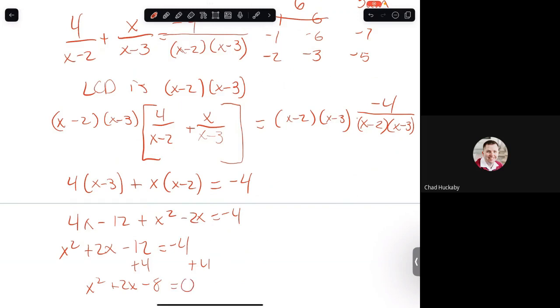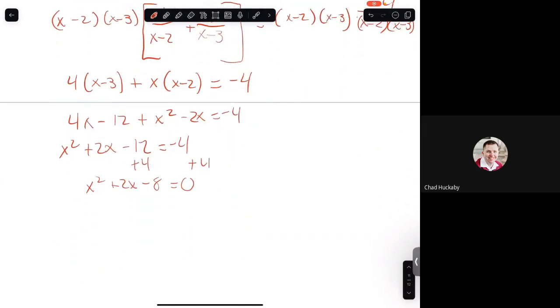Now, can we solve this? I think the answer is yes, because we can factor. We want to look at the factors of -8, which give us a +2. So that's 1 and 8, 1 and -8, -1 and 8, 2 and -4, -2 and 4. And I think that's all we get.